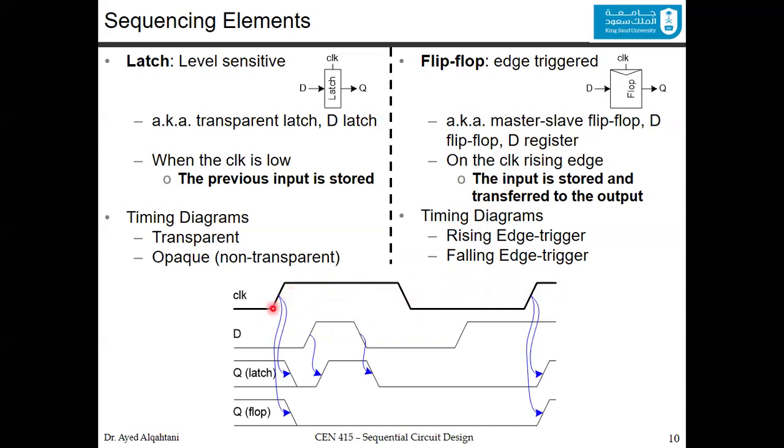The flip-flop will be transparent only at the rising edge, at this exact moment. So at the exact moment here, it will see the value of D. The value of D here is 0, so it will be 0. It will remain 0 until the next rising edge. Now at the next rising edge, we check the D and find it to be 1. Now we raise it again to 1, and so on.